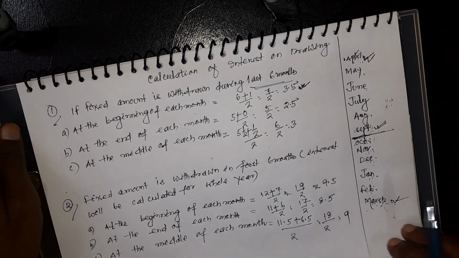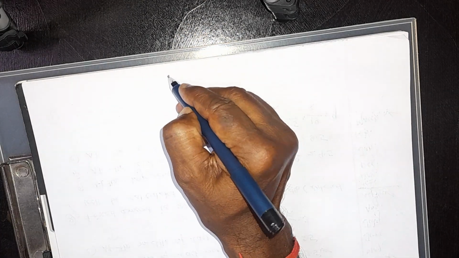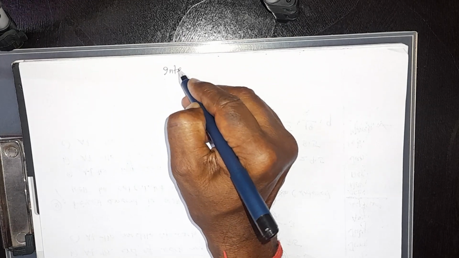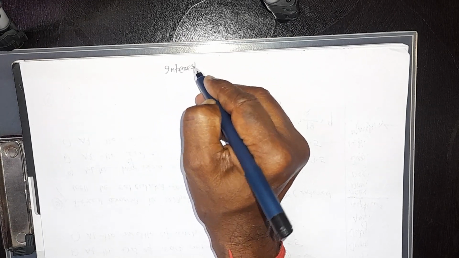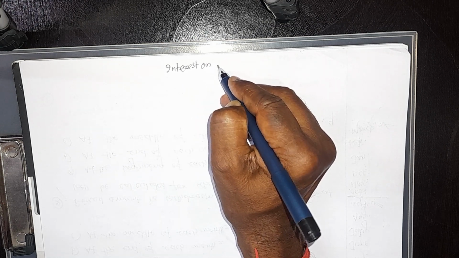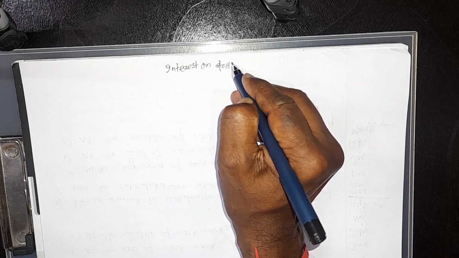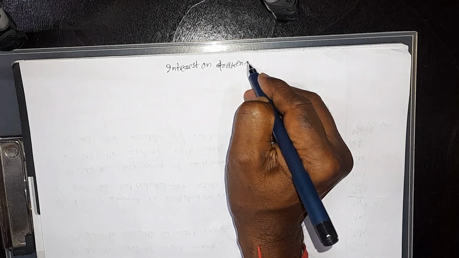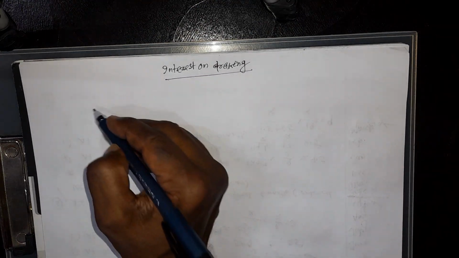So next, let me explain when the interest on drawing will be calculated under the product method.